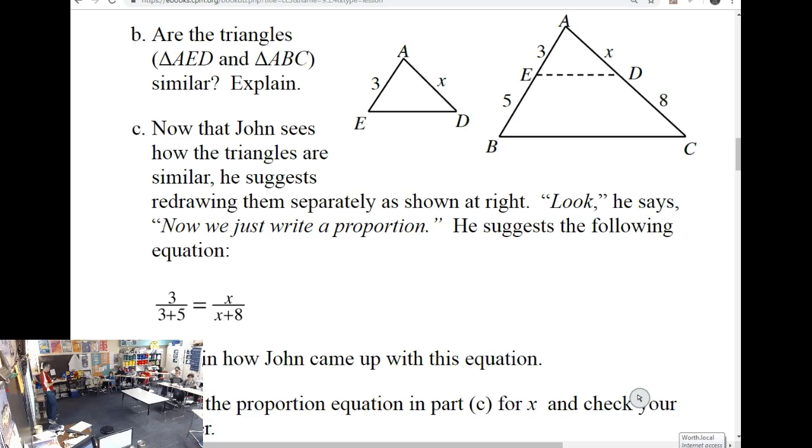With me? Yeah? So really, what we want to write down in our notes is 3 compared to 8 is the same as x compared to x plus 8. What can we always do in a proportion?